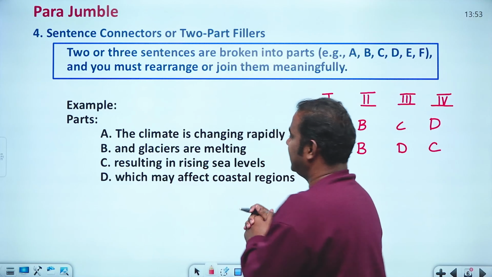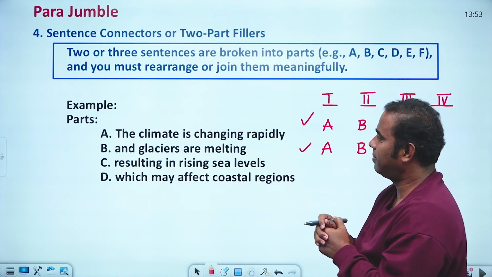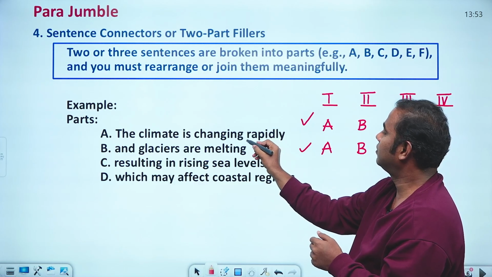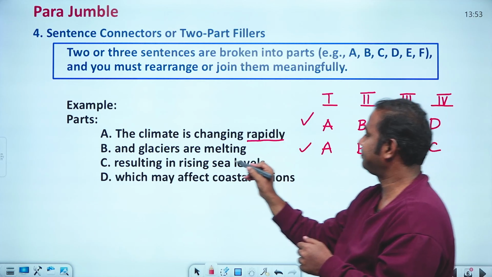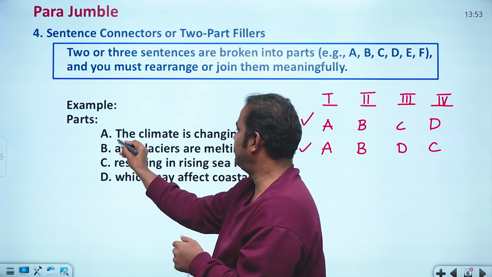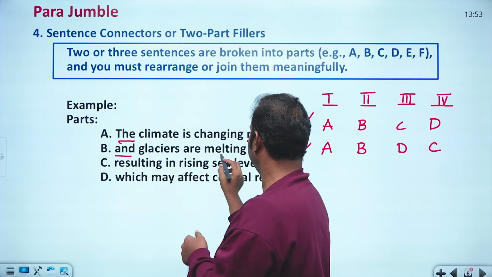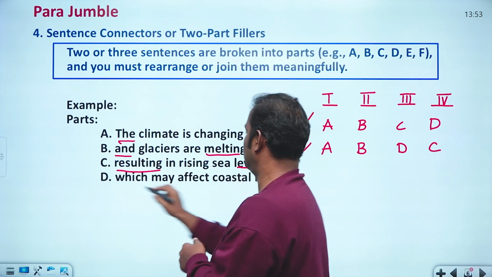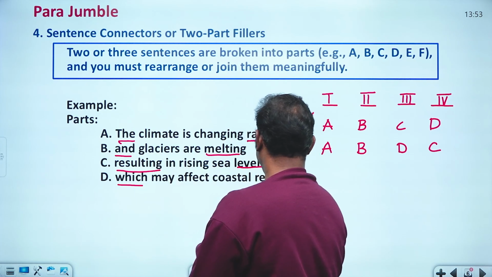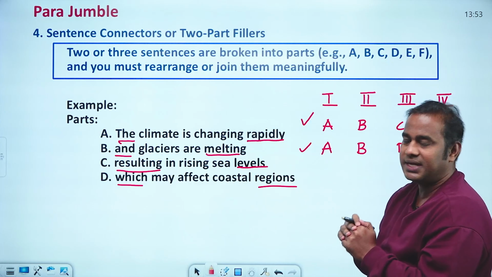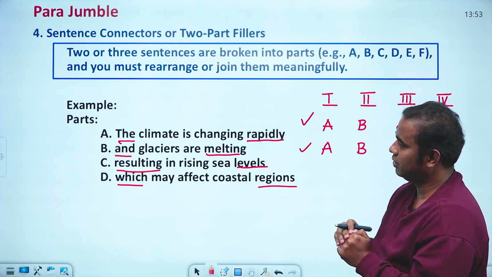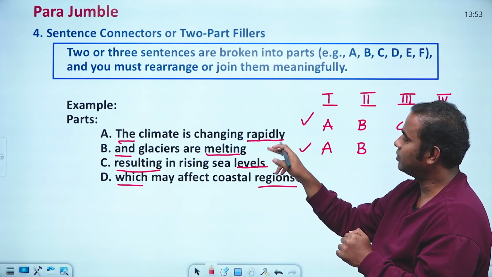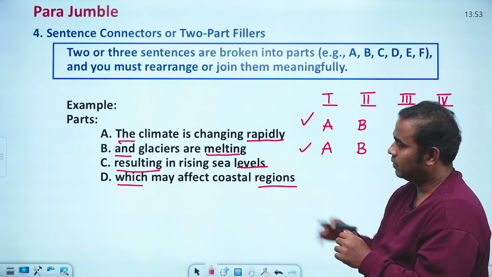But if you look properly here, look at the last words: rapidly, and the beginning of the sentences, and melting, resulting, levels, which, region. Based on that, you try to connect. Rapidly, resulting. Rapidly is what? It's an adjunct.